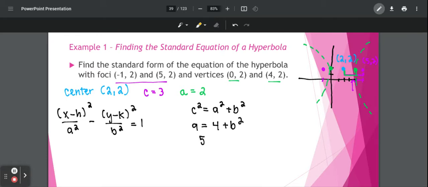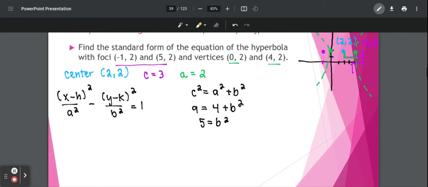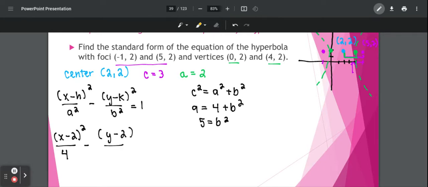So we get 5 equals b squared. And so now we really have all of our information to write our equation. So we can say (x minus h), so (x minus 2) squared over a squared. Since a is 2, a squared would be 4, minus (y minus k) squared, so (y minus 2) squared. We solved for b squared was 5, and that will equal 1.